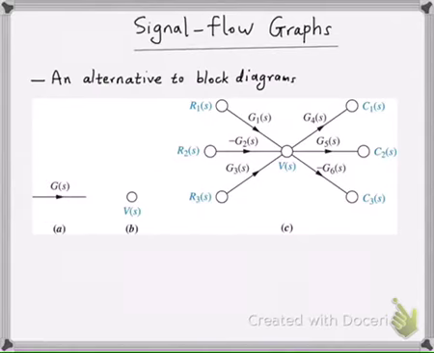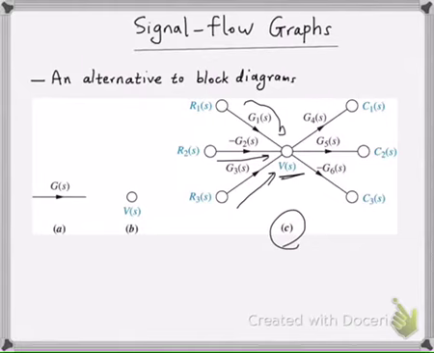This figure C shows an illustrative example. It shows the interconnection of a bunch of systems and also the signals. Each signal is the sum of signals that flow into it. So for instance, here, V of S is equal to R1 G1, which comes from this path, minus R2 G2, that comes from this path, plus R3 G3.